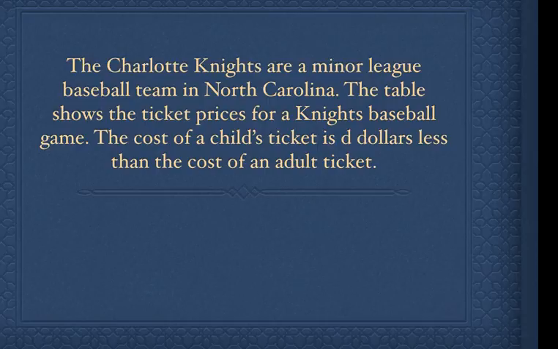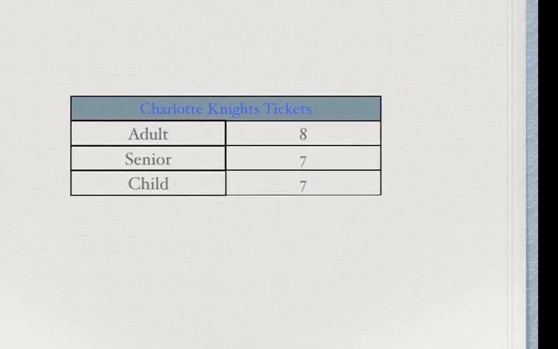So here's an example. The Charlotte Knights are a minor league baseball team in North Carolina. The table shows the ticket prices for the Knights baseball game. The cost of a child's ticket is $D less than the cost of an adult ticket. So here's the chart.